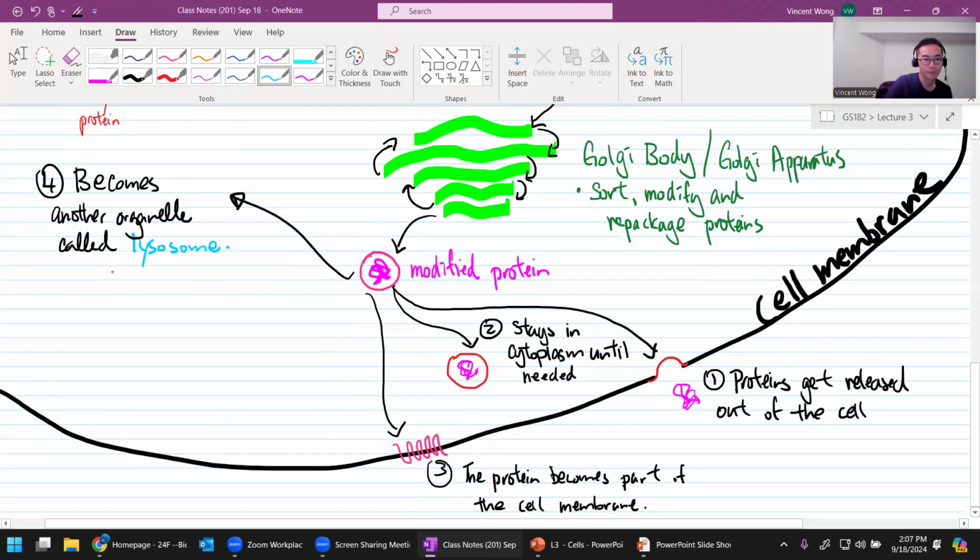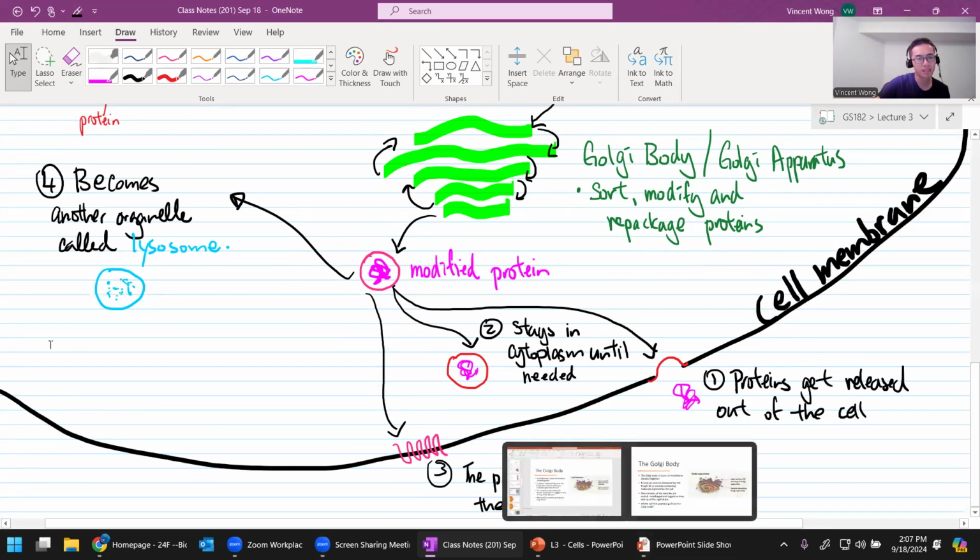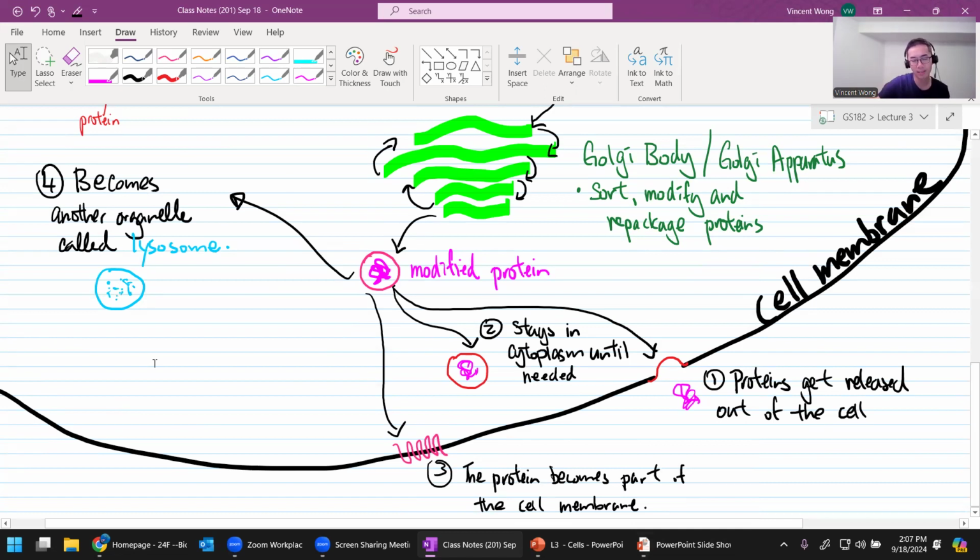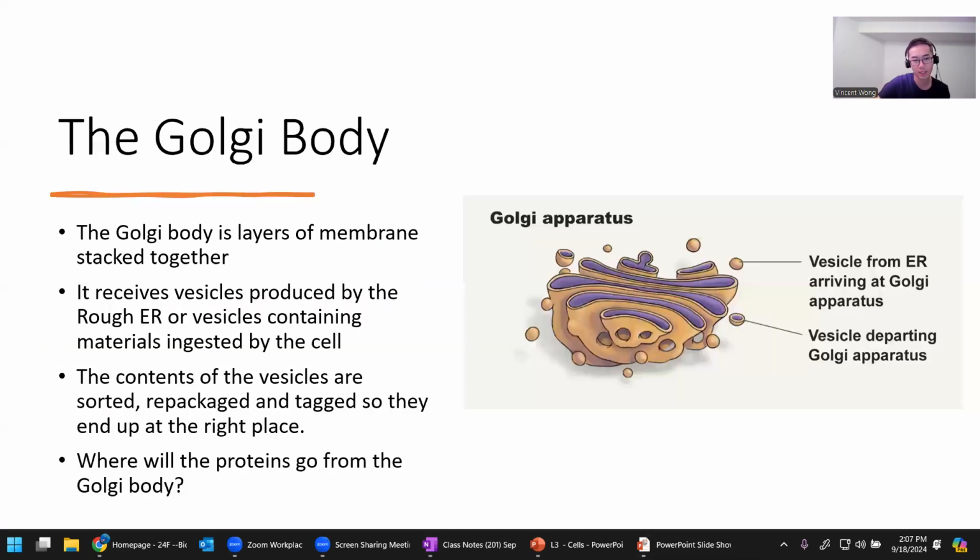Okay, I'm just gonna use a different color. There is the lysosome. All right, so we will end the lesson by talking about what lysosome does in the PowerPoint slide. You can add it onto the picture later, okay? But it's better to show you what it does.